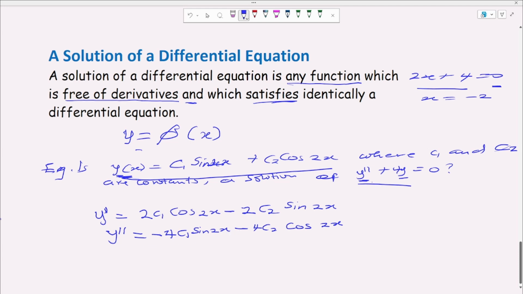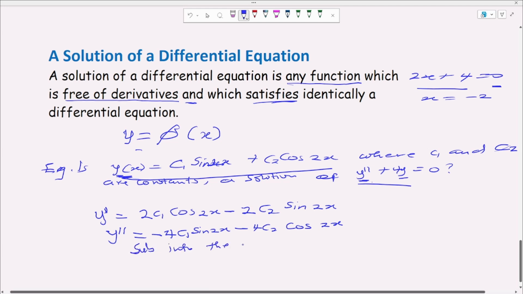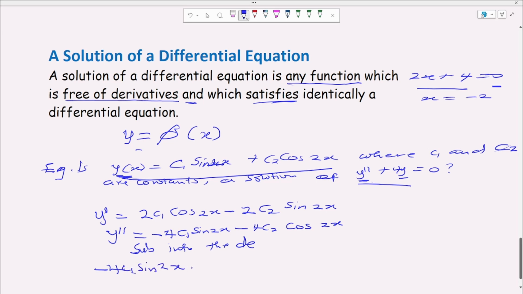Now we substitute into the differential equation to verify. We have -4c1 sin 2x - 4c2 cos 2x plus 4 times y, which is c1 sin 2x + c2 cos 2x.